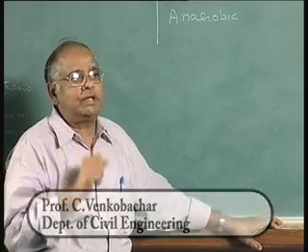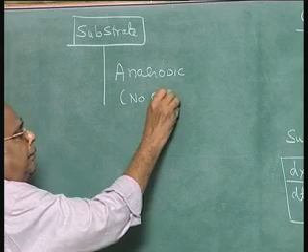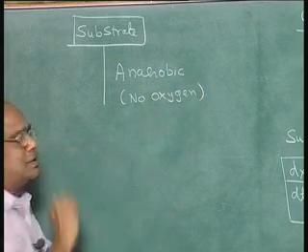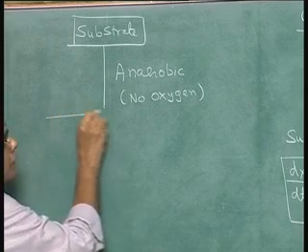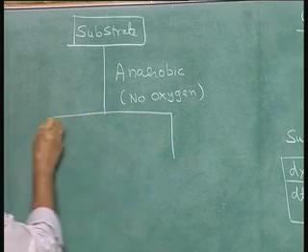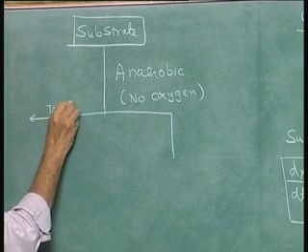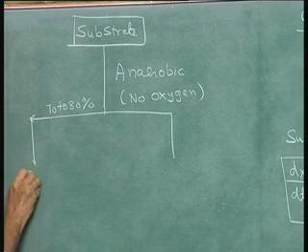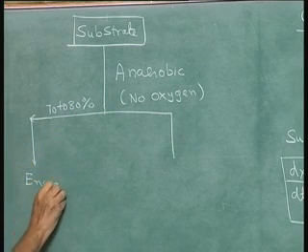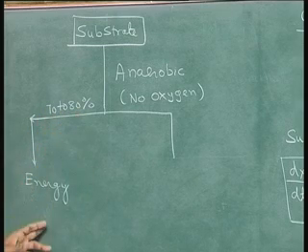Oxygen is not supplied to them; they work in the absence of oxygen. When they do, they tend to use about 70 to 80% of the substrate for production of energy.